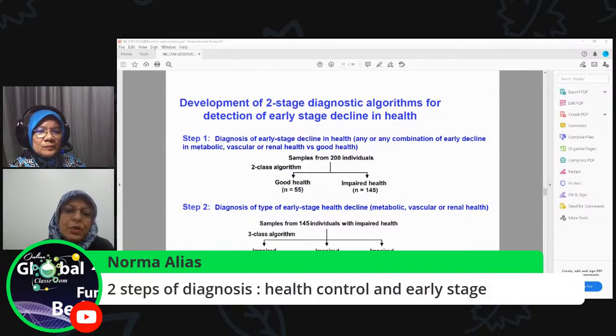So we recruited 200 subjects. If you go back to the previous slide, we specifically recruited people who have impaired metabolic health, impaired vascular health, and impaired renal health, and also healthy controls. These people were very well characterized.